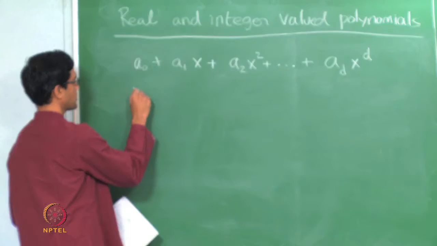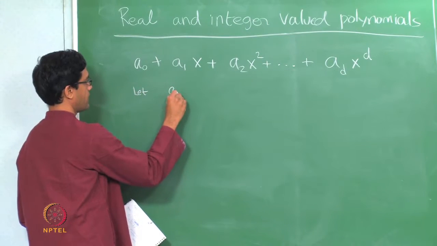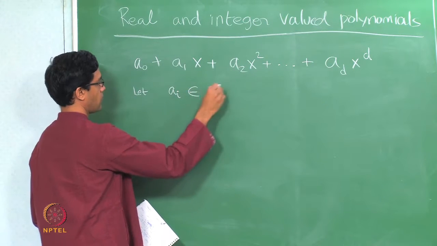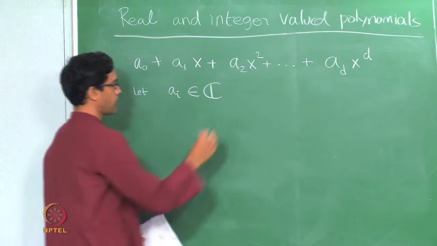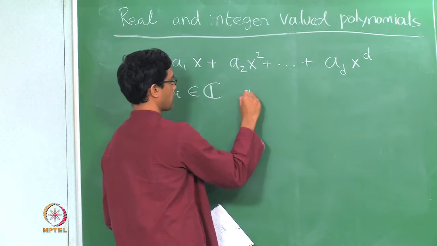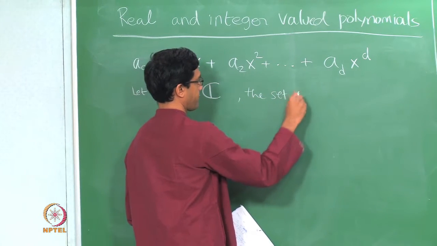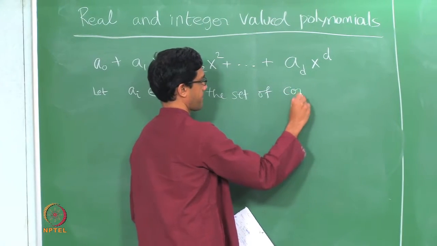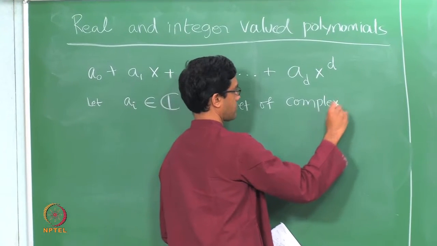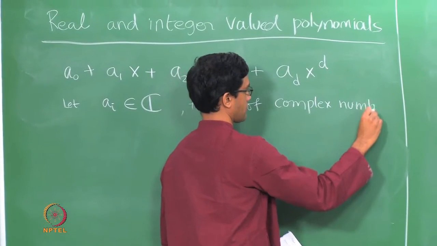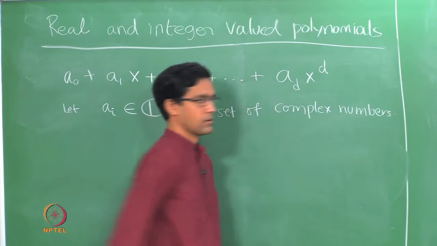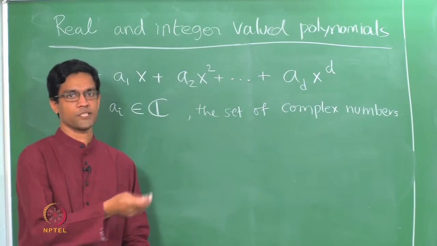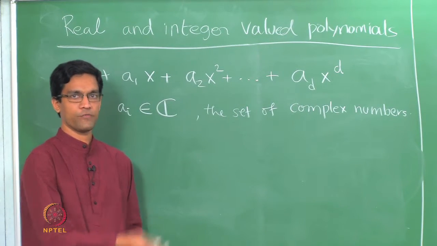So let us assume that ai belong to C, which is the set of complex numbers. We will just call these complex polynomials, where all coefficients are complex.